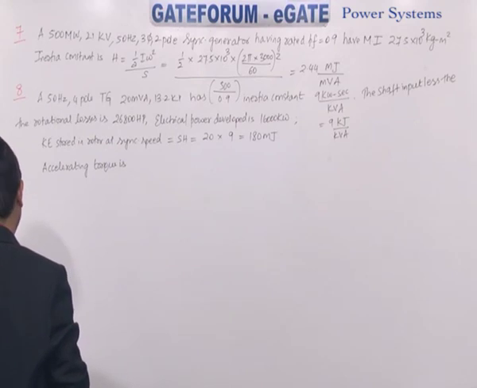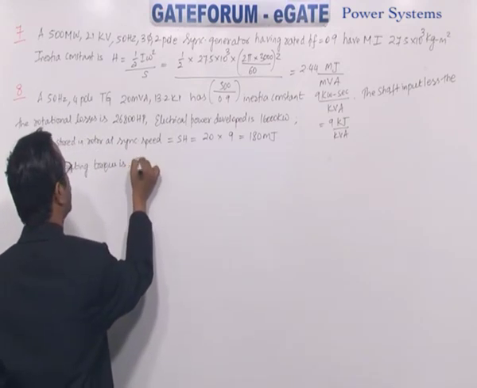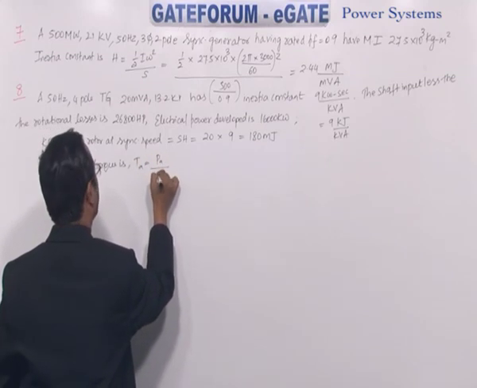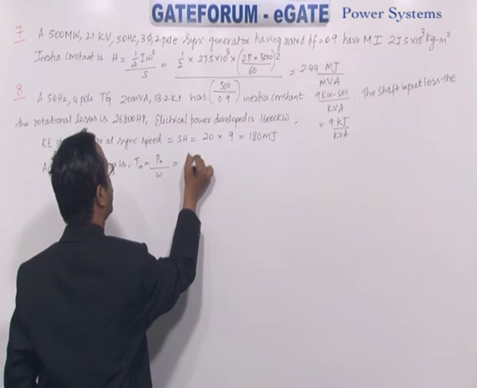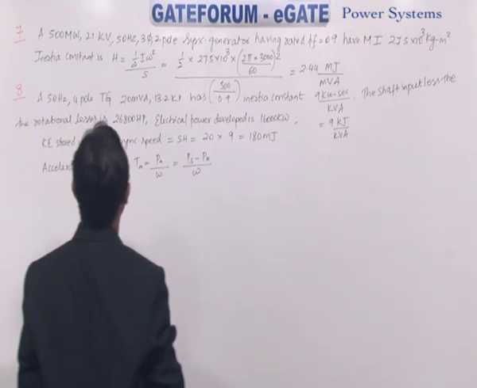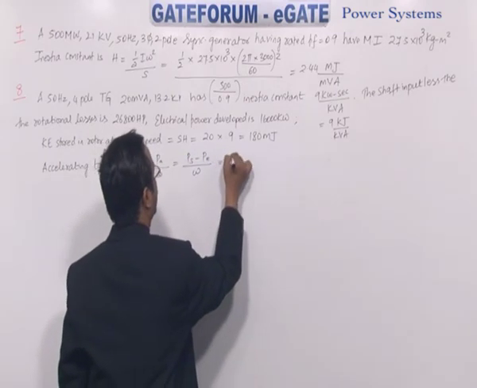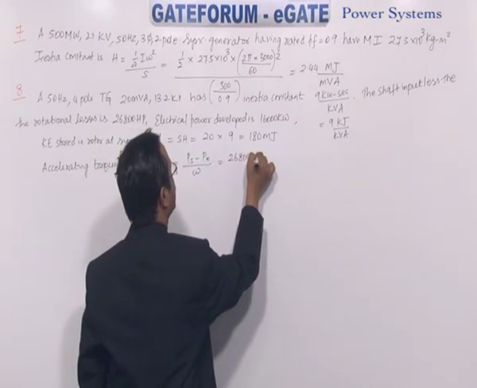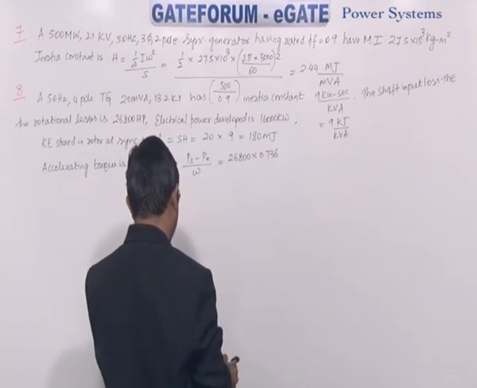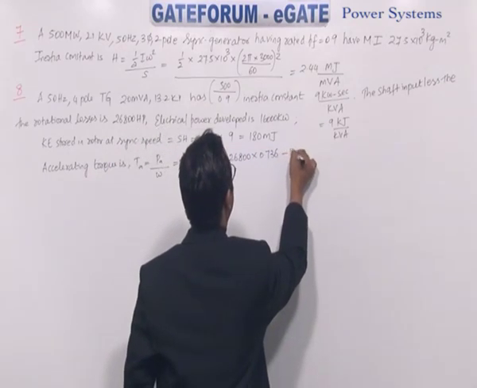Now how to find out the accelerating torque? TA you write as PA by omega. PA is PS minus PE. PS, the mechanical input, is 26,800, but it is in horsepower, so multiply with 0.736. Electrical output is 16,000.